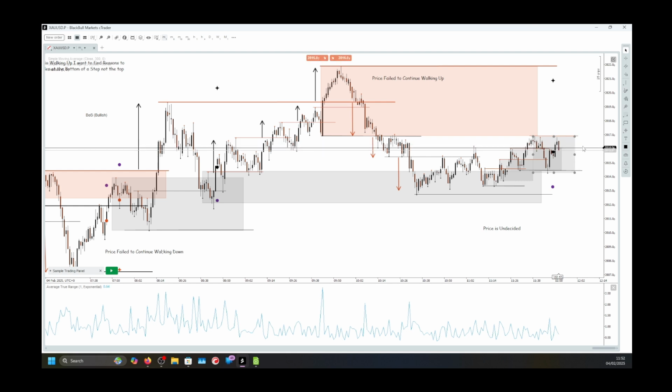Really, what we've got to do when we're trading is to limit the amount of exposure we've got to the markets, putting our money at risk. I put my money at risk 3 times today.